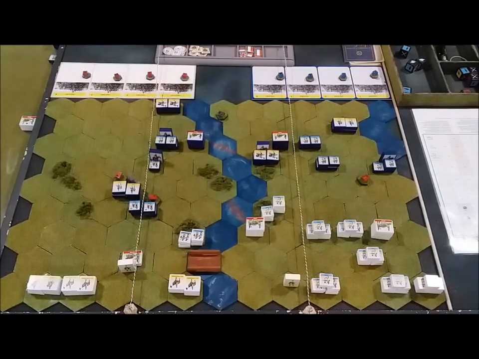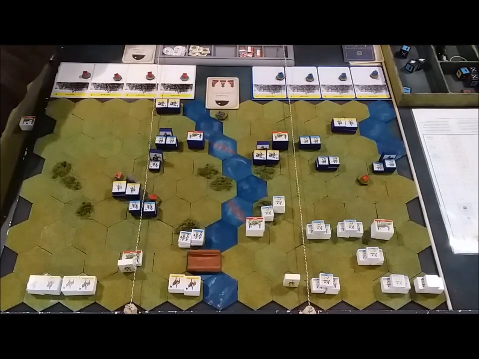So we have scout left flank for 1, rally, give them the cold steel, give them the cold steel's no good. Rally again, we still only have the 2 horse artillery, so I don't know if it's worthwhile doing that. And we have forward 2 in each, and I think that's what we'll do. So we're going to go forward for 2 in each.